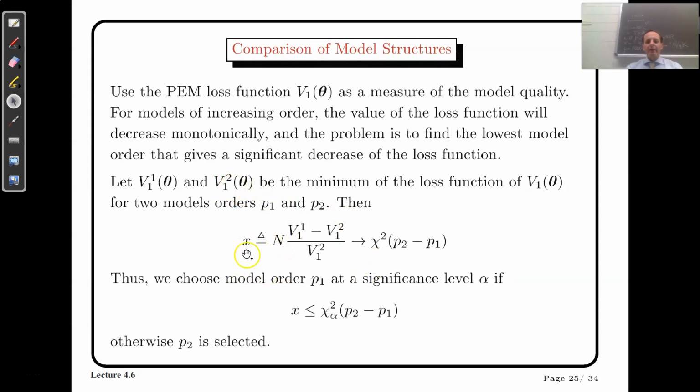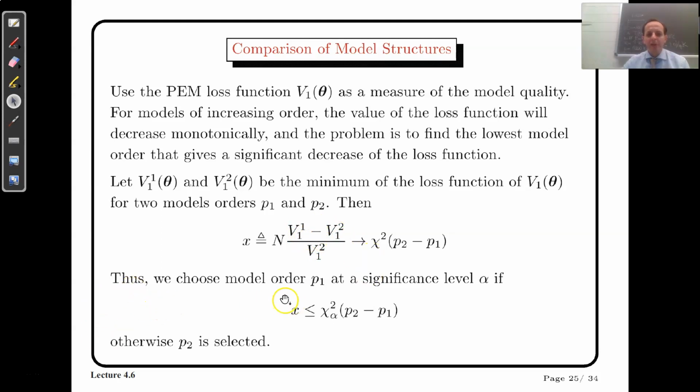Then if we compute the difference between these two cost functions multiplied by the number of data and divided by V1, this has a chi-squared distribution with P2 minus P1 degrees of freedom, when P2 is bigger than P1, because in this case V1 is bigger than V2.